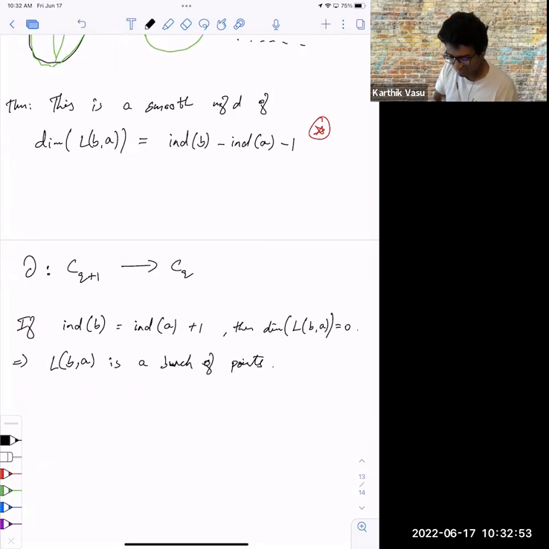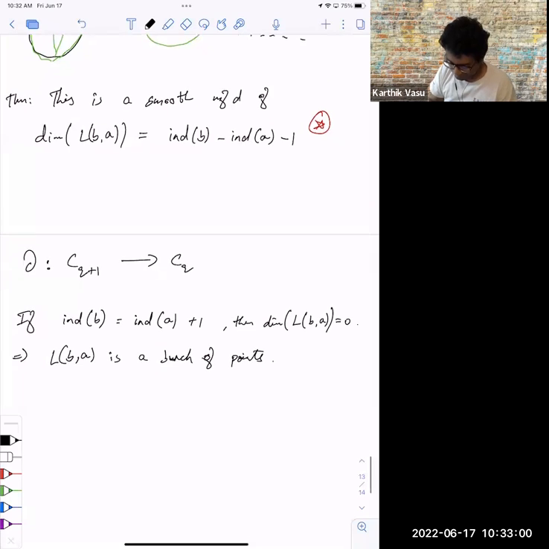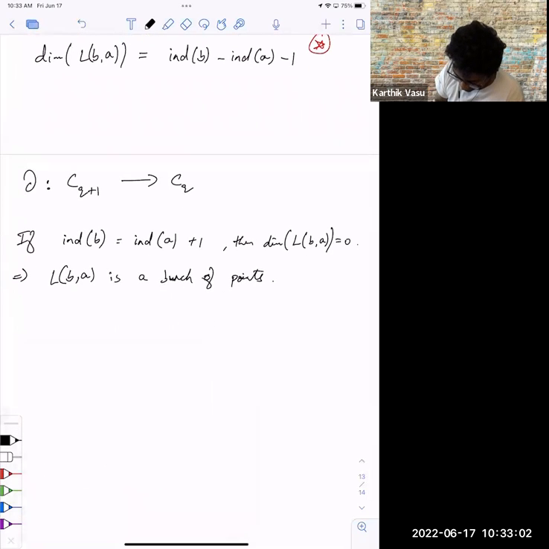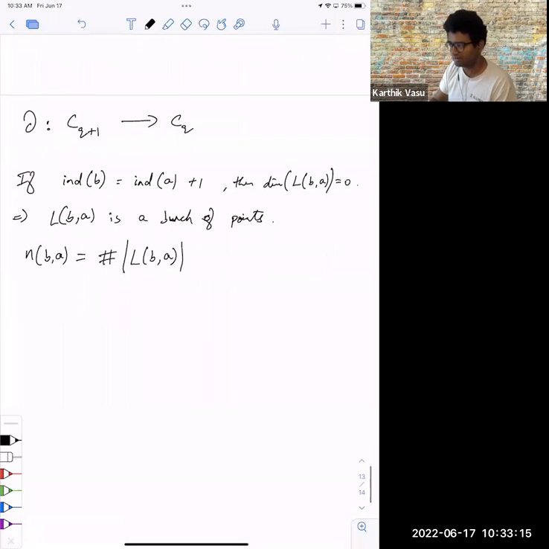This is finite because of, again, something more which has to be said, but let's just take that these are finitely many points. And I can define N of BA to be the cardinality of this L_BA. Okay, for now, let's just assume it's finite.